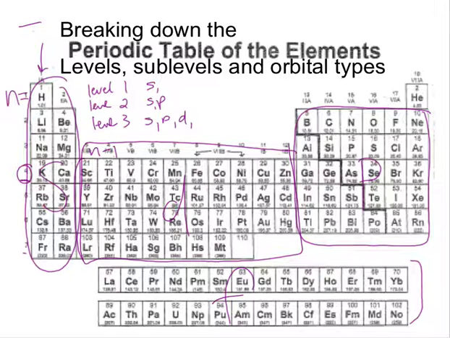How many sublevels do you think are on level 4 then? 3? There's a pattern, guys. Level 1, there's 1. Level 2, there's 2 sublevels. Level 3, there's 3 sublevels. So level 4, there might be 4 sublevels. There are our S, our P, our D, and our F. We have a 4D and a 4F.